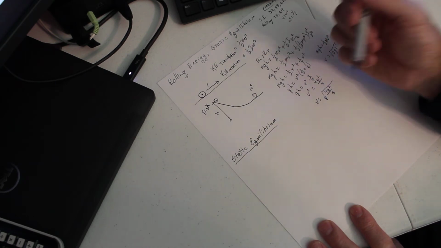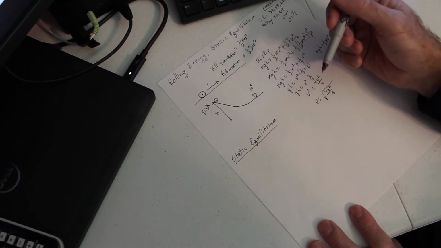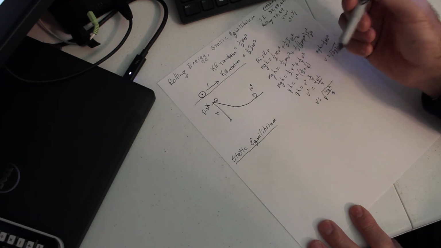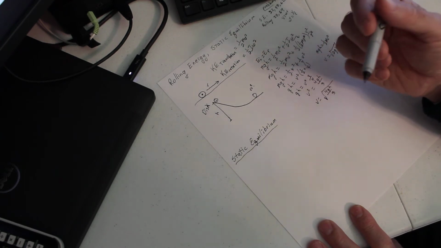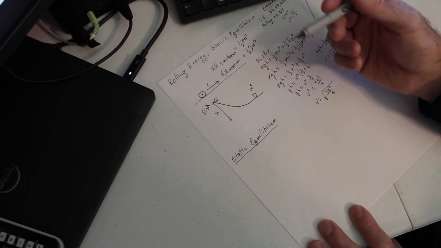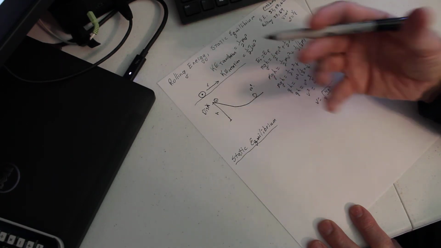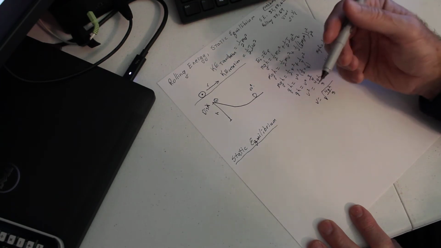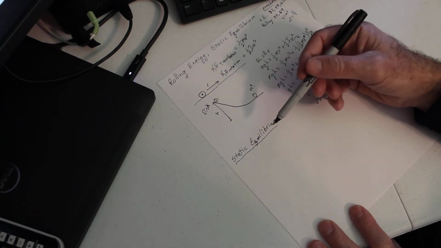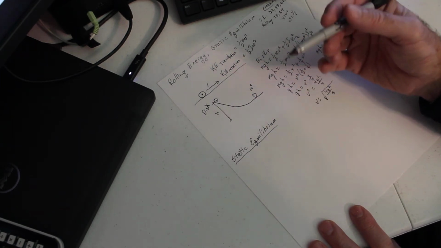And so when it's static, all the forces and all the torques have to be set to 0 because there can be no acceleration either in the x direction, y direction, z direction, and there can be no rotation about any axis. And that's what engineers do, especially construction engineers, when they have a plan to build a building.